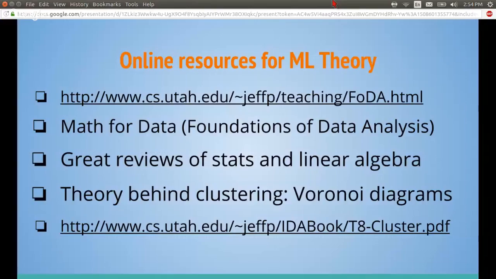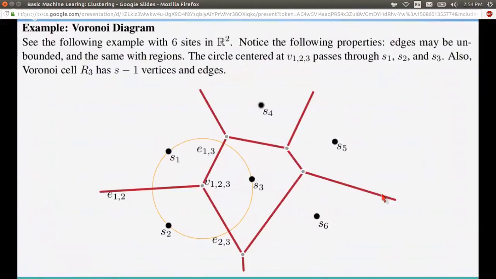So let's jump in here. The theory behind clustering is what's called Voronoi diagrams. If you're given data points, you're trying to find the edges and the points that separate the data the most cleanly. You're basically minimizing the distance of all the points from their center points.